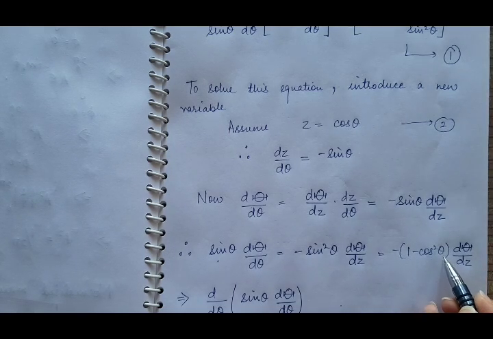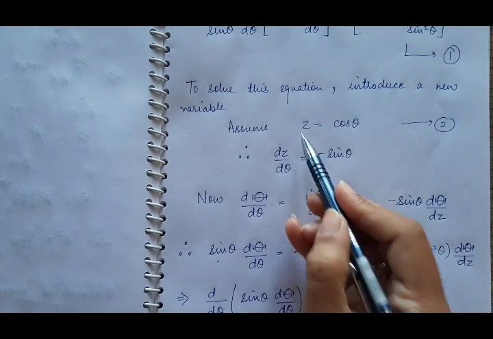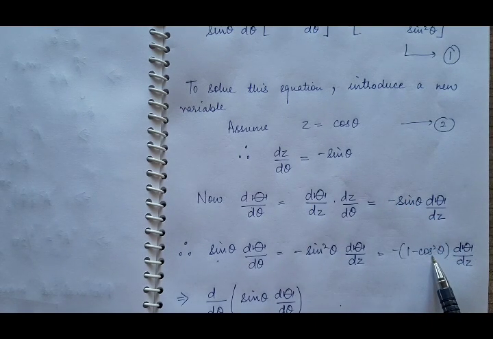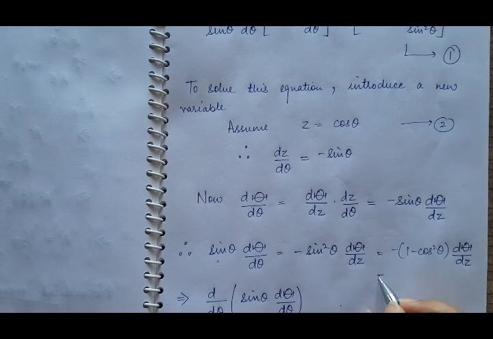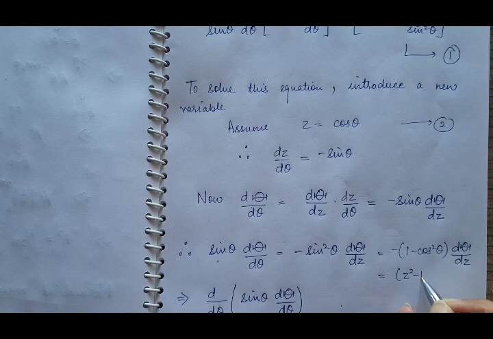And this cos theta, we have supposed, is equal to z, so put cos theta equal to z. Then multiply this minus inside the bracket and you will get minus 1 plus z square, means z square minus 1. So this is equal to z square minus 1 into d theta by dz.